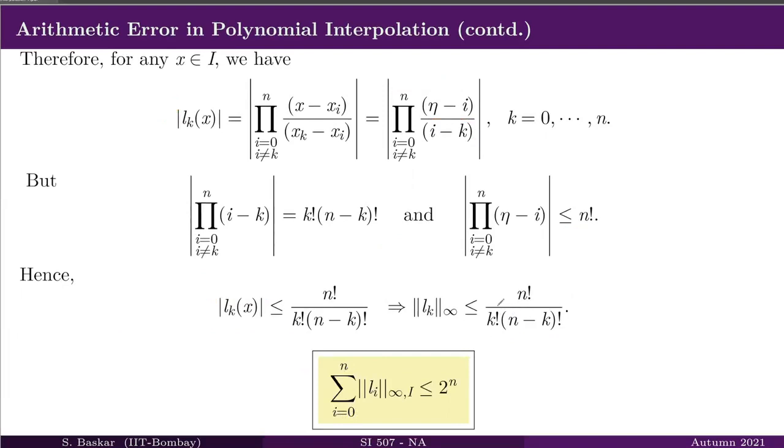You can see that the right hand side of the inequality is nothing but 2 to the power of n, right? 1 plus 1 to the power of n will come. Therefore, we see that the summation i equal to 0 to n of the infinite norm of the Lagrange polynomials Li is less than or equal to 2 to the power of n.